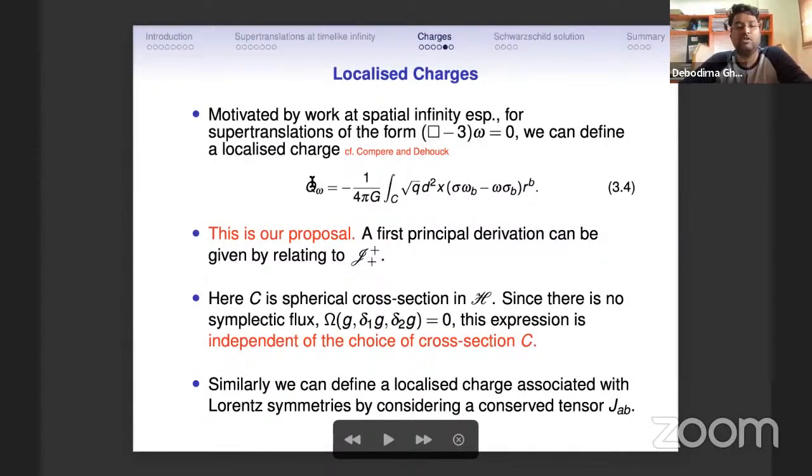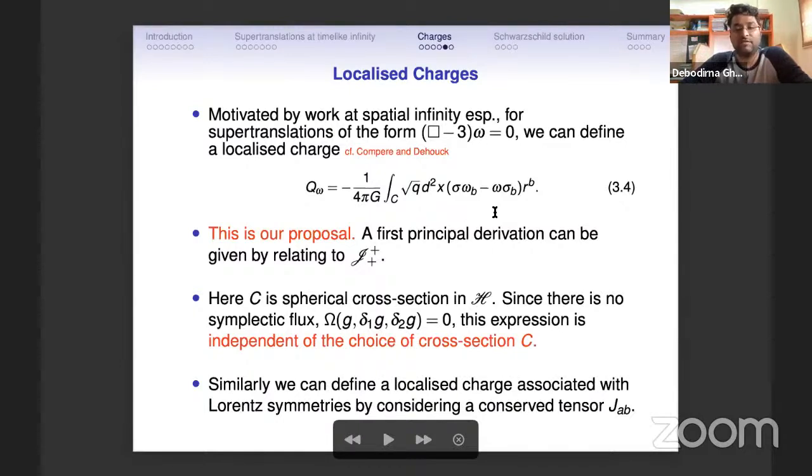Then we can define a localized charge q omega, which is given as the integration over a spherical cross section C, which encloses the sources at time-like infinity. Here q is the induced metric on the spherical cross section C, and r^B is the unit normal to the spherical cross section C, which is embedded in the hyperboloid. So this form of q omega is our proposal.